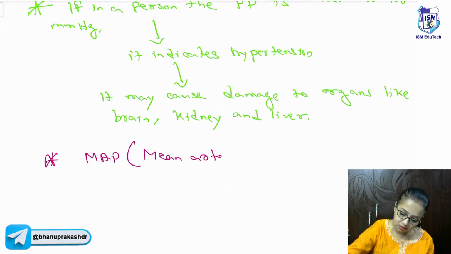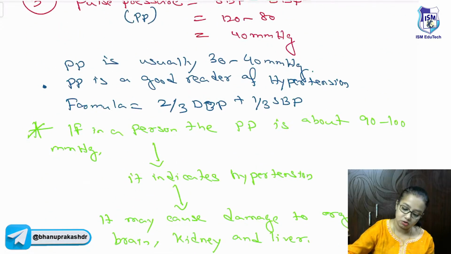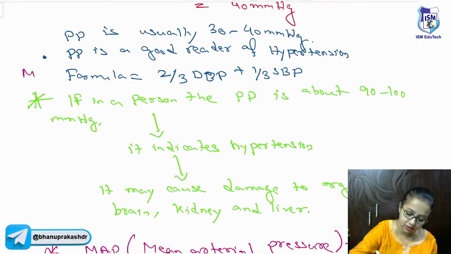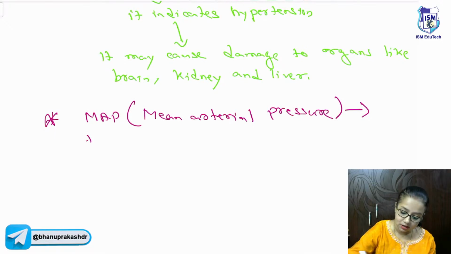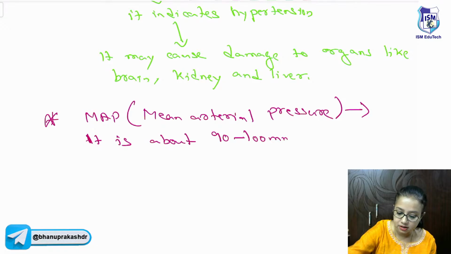Now, the next pressure that we are concerned about is the mean arterial pressure. This is the formula that we wrote just above the pulse pressure, because pulse pressure relates to the mean arterial pressure. Now, mean arterial pressure is about 90 to 100 mmHg. Now, what is the implication of it?